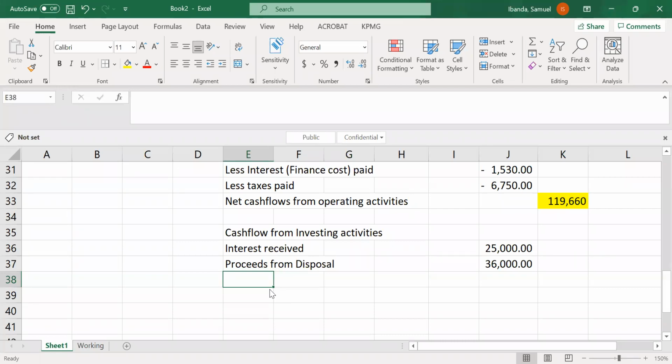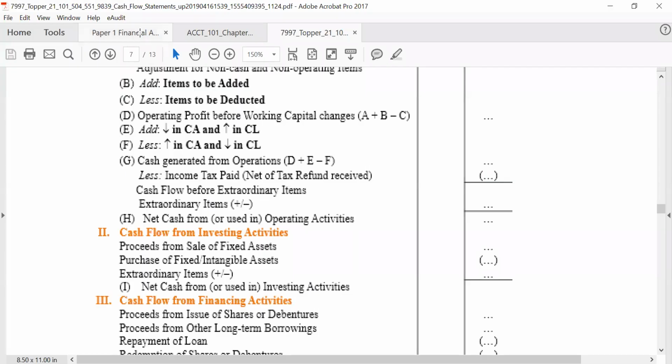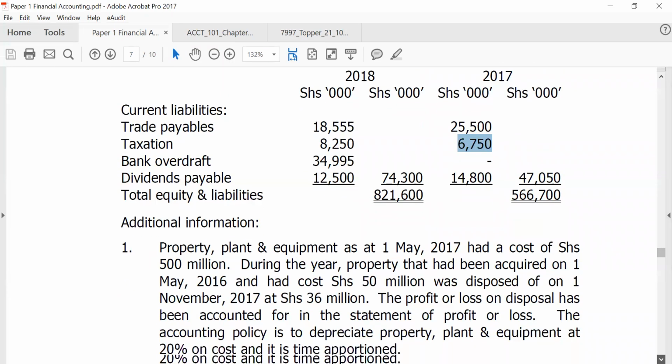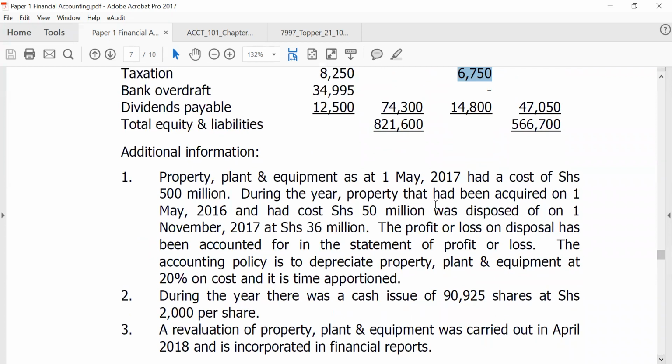Now, the other thing that you look at is the acquisition of the assets, because they have told us purchase of fixed assets. So you look at how much you spent in acquiring a new asset. So from here, remember, they didn't speak of an acquisition, but once we calculated, we saw that there was an acquisition, okay?